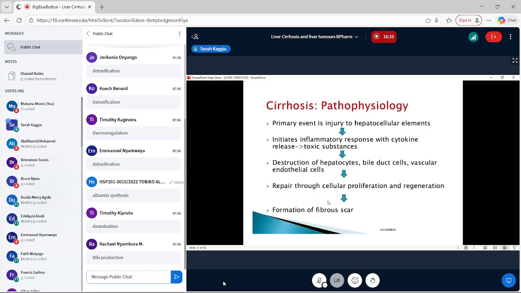Okay. So the primary event, which is injury to the hepatocyte, then how does the body react to the injury? You bring in your inflammatory process, okay? So it will initiate an inflammatory response. Your white blood cells will come there. Your cytokines are released, just to fight this injury, okay? Then, of course, with the fight, there'll be some destruction of the hepatocytes, the bile duct cells, vascular endothelium, as you're doing it.